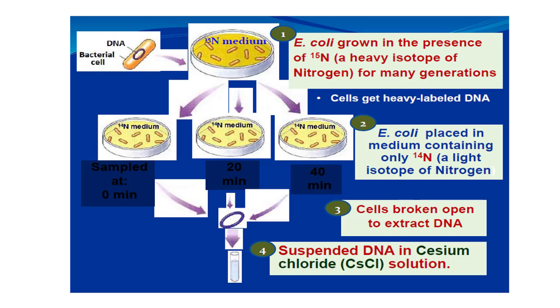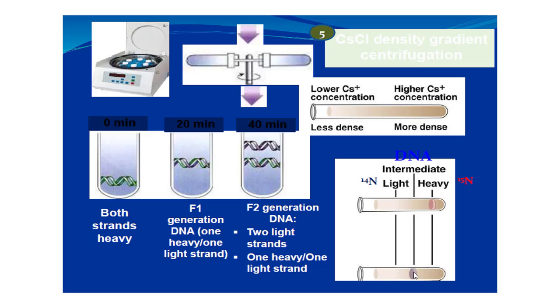After a few generations, the bacteria are isolated, the DNA is extracted, and it is separated by cesium chloride density gradient centrifugation, where the results are shown like this.